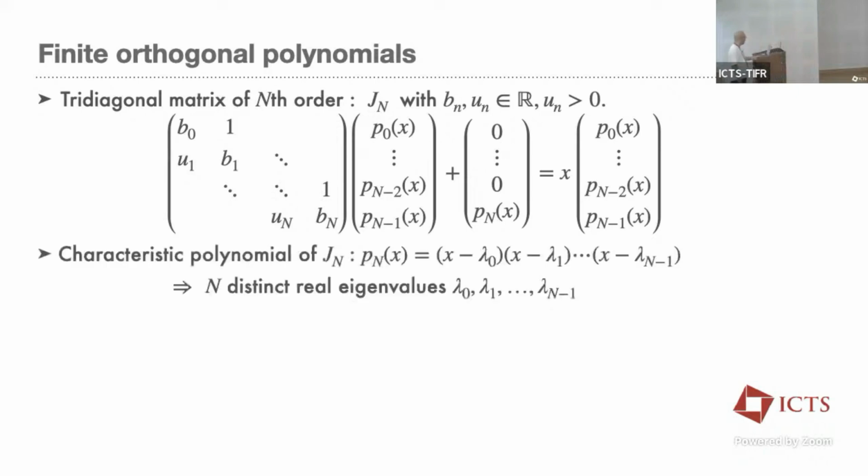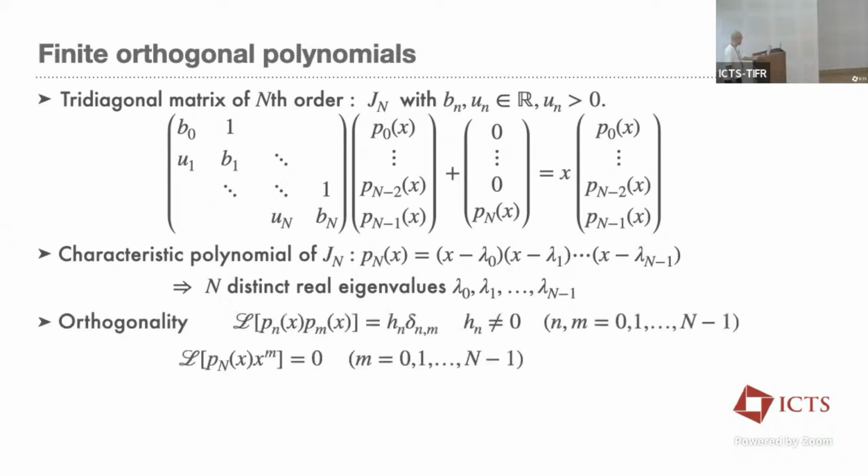Okay, of course, this is already known. And also we have already established some orthogonality relation among a finite number of polynomial systems. So here, n and m should be taken from 0 to capital N minus 1. This is already known. And if n and m are equal, then some non-zero constant will appear.